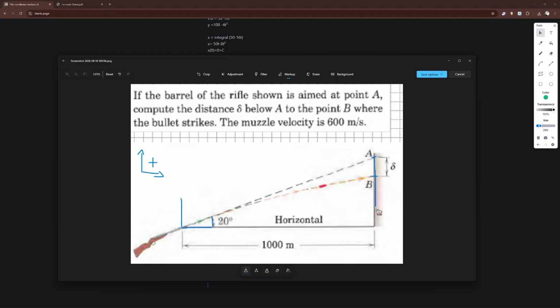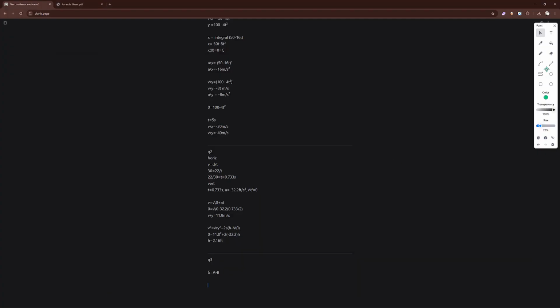So to do this, we have a triangle, right? If we just look at this, a 90-degree angle extends all the way to here, hypotenuse here. So we have a triangle, and I will draw it here, where this is 20 degrees, and this is A, and this distance here is 1,000, right? To get height A, I'm going to go back to typing for that.